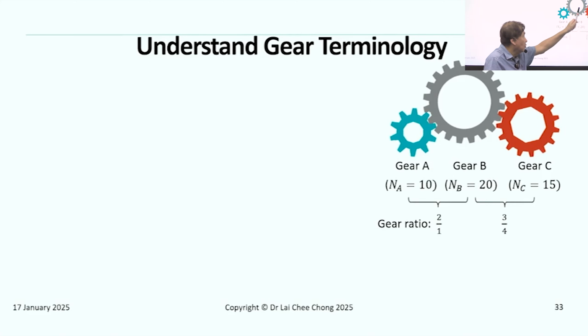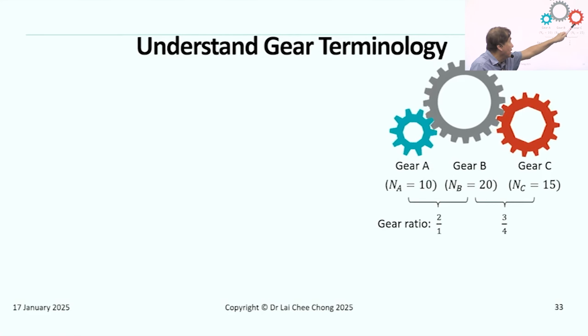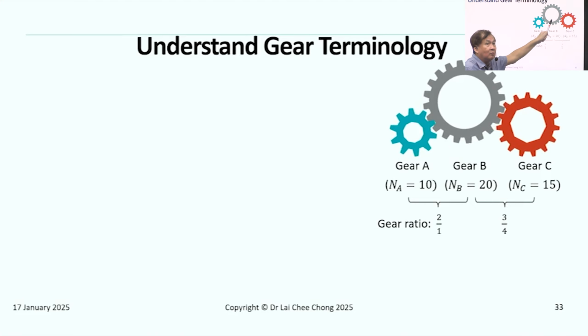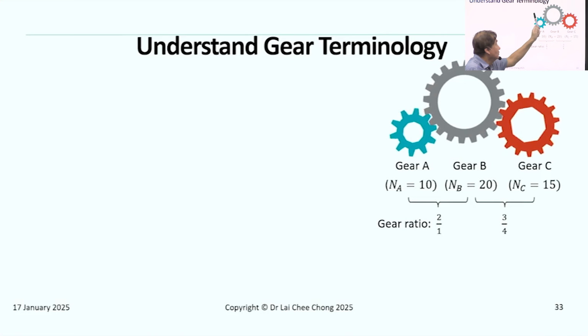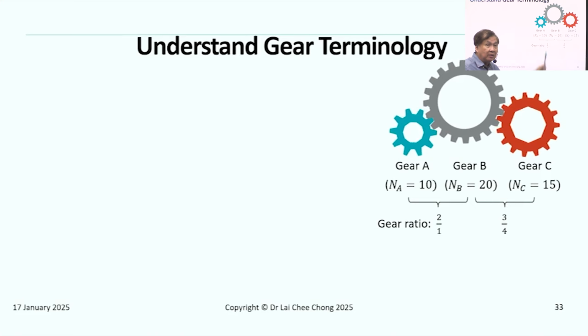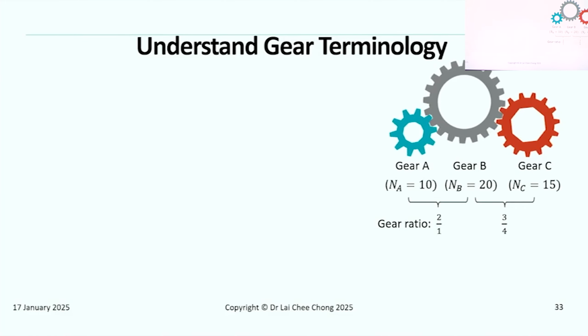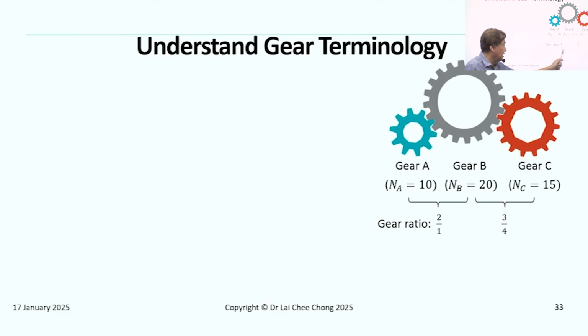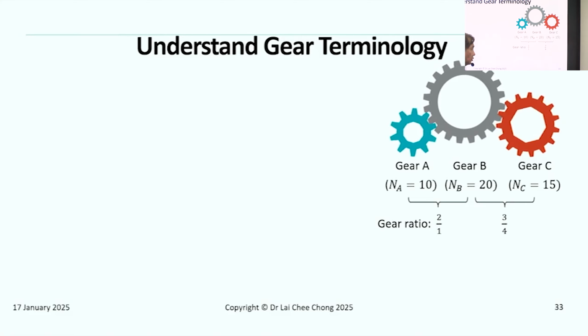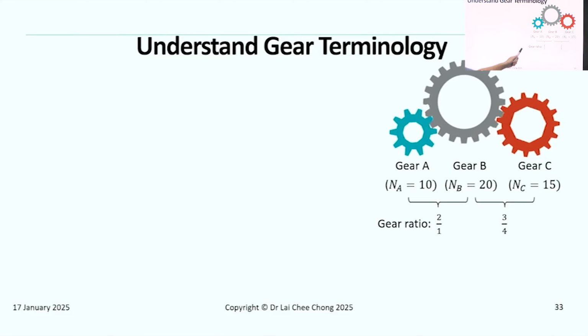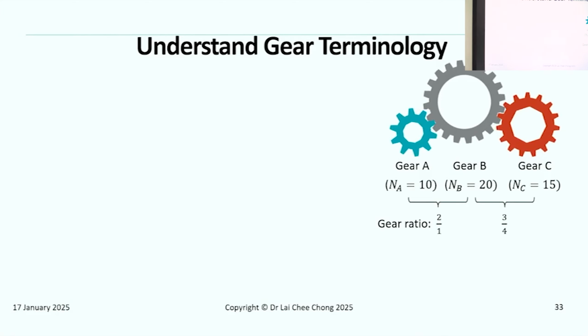This one will be the driven gear, and this will be the driving gear. But over here, this will be the driven gear, and this will be the driving gear. You follow me? So that's how you will see it. Same thing, I work out the ratio as it is, as you can see here now. So I'm not going to go into the calculation here. You know how to calculate the gear ratio now.